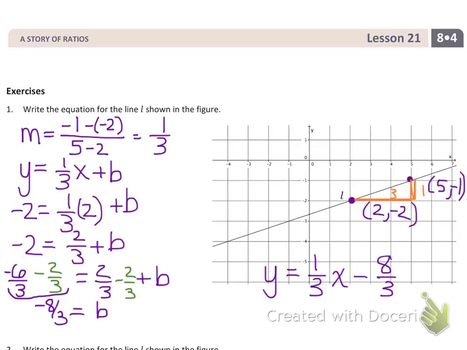So that jives with our graph right here, because the y-intercept should be between -2 and -3, a little bit closer to -3. So negative 8 thirds. So there is our equation for that line. And we're done. We're not asked this time to put it in standard form, so we're not going to.